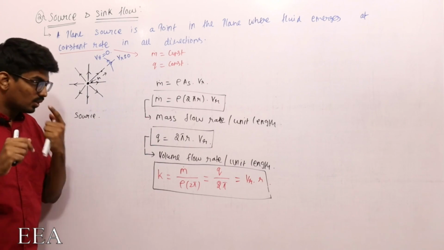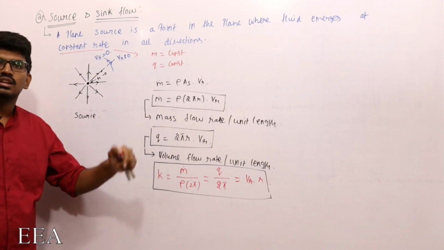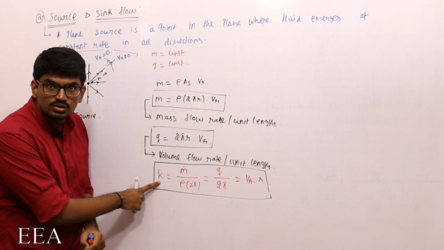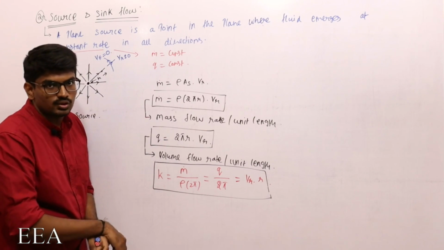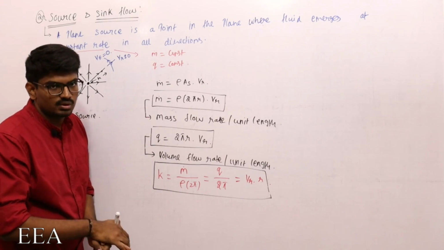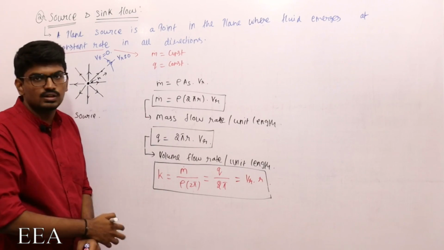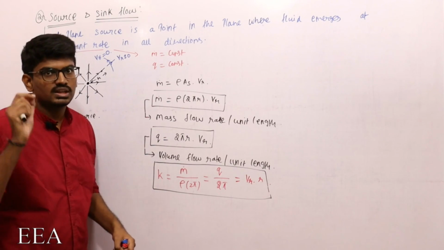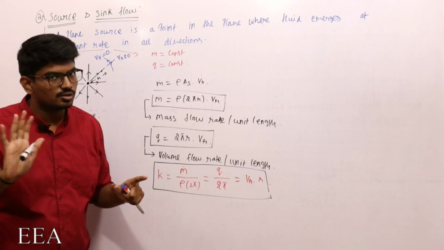And one more thing: we already know that these 2 have to be constant as per the definition. Now strength should also be constant. How do you get to know that? Because m dot is constant already in a source flow or a sink flow. Density is constant, since we are taking all flows as incompressible. 2 pi is a constant. So numerator constant, denominator constant, so K will also be constant. So for a source flow or a sink flow, the K value will remain constant in that particular flow field.